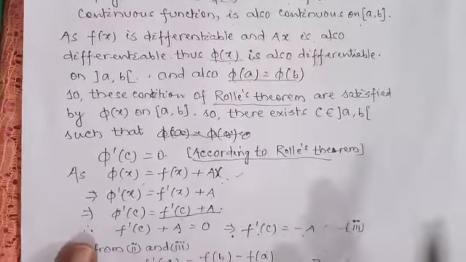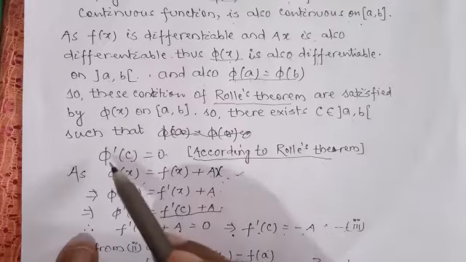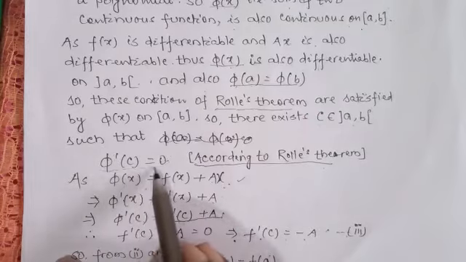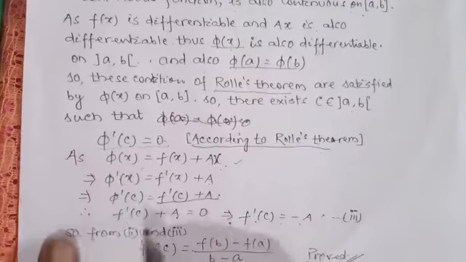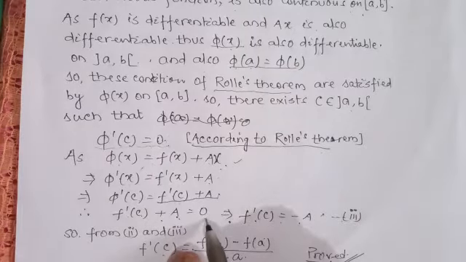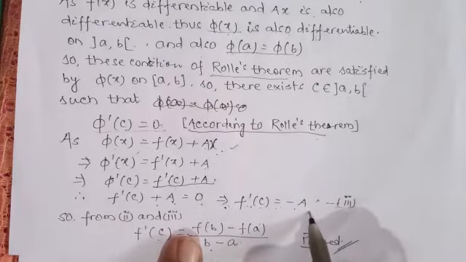Here we apply Rolle's theorem. According to Rolle's theorem, phi dash c is equal to 0. It means f dash c plus a is equal to 0, and hence f dash c is equal to minus a.